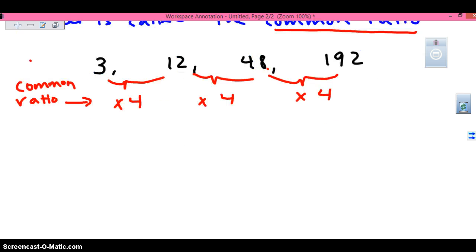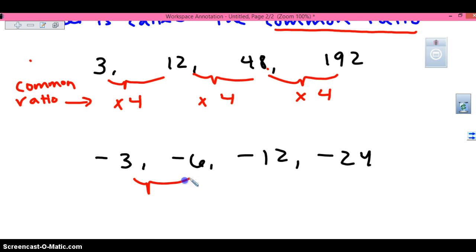So can you find the common ratio of this sequence? What is the common ratio? Times 2, times 2, times 2.